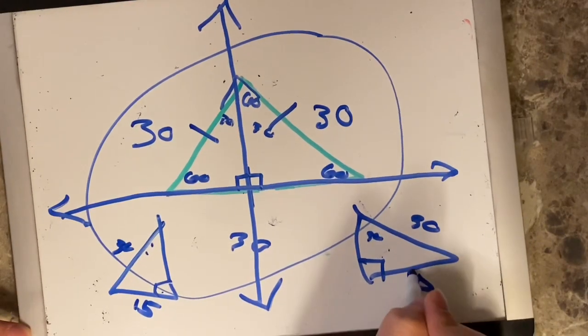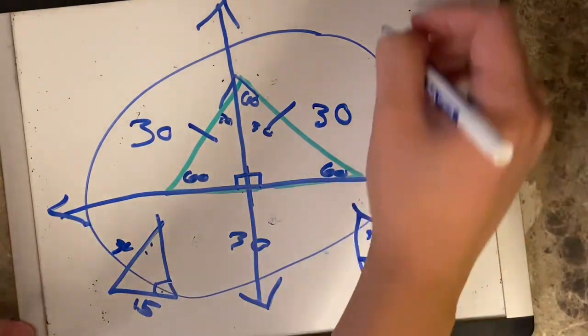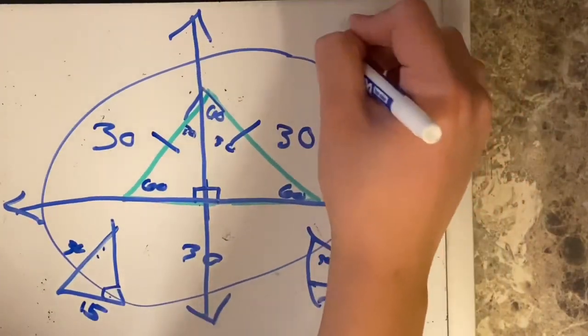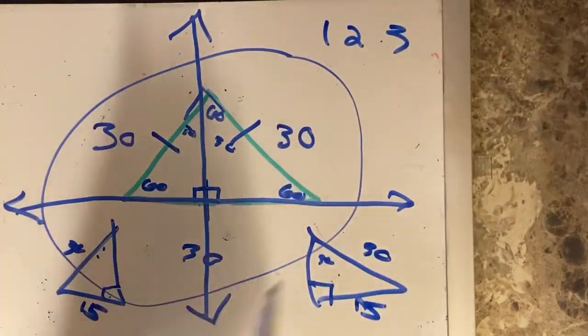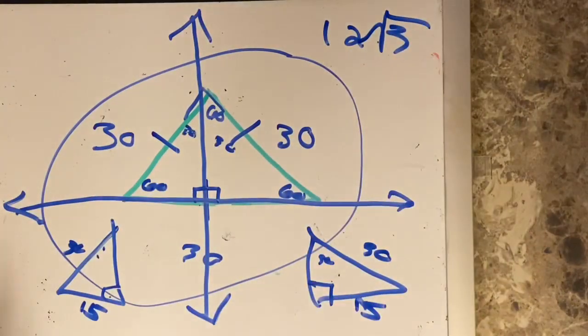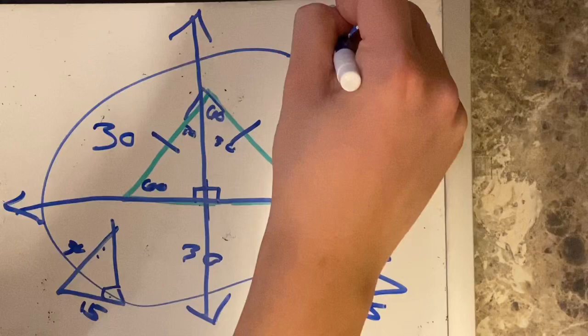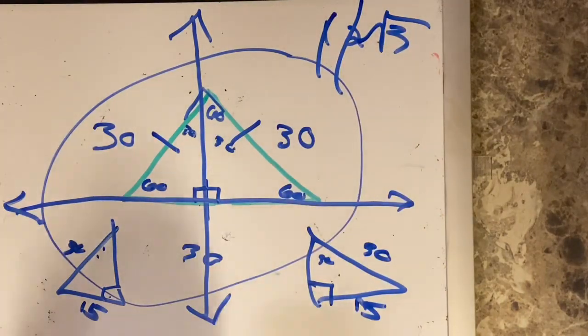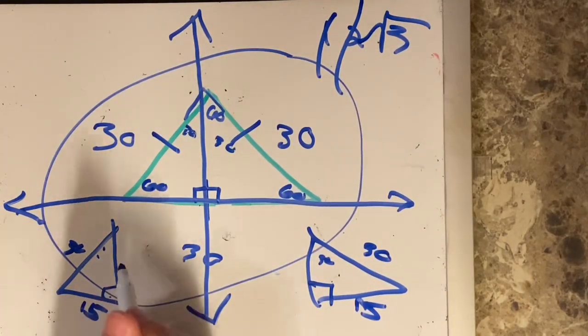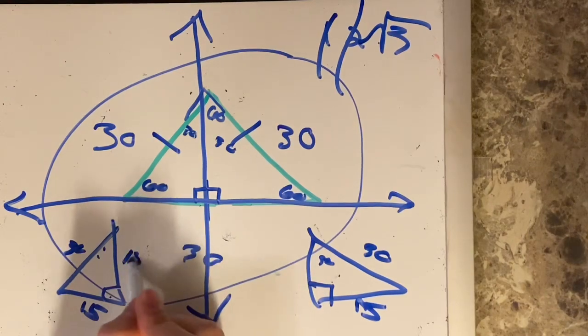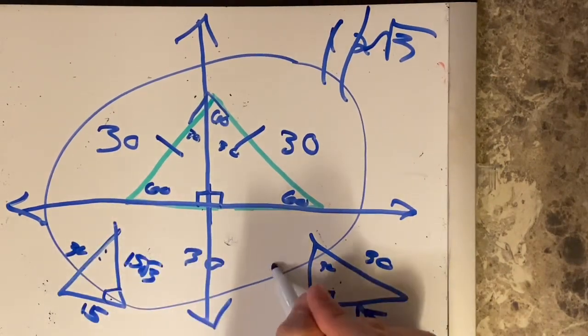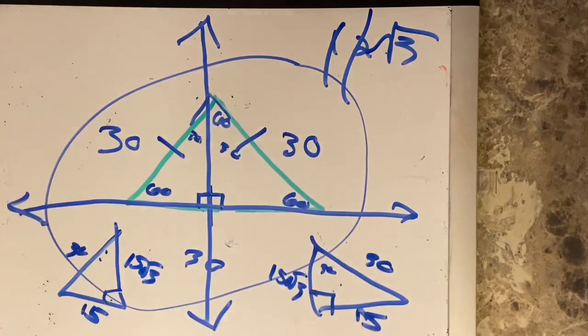And then the ratio is 1, 2, 3, square root of 3. And we already used 2 and 1. So that means the final side will be 15 times the square root of 3. Yeah, pretty awesome.